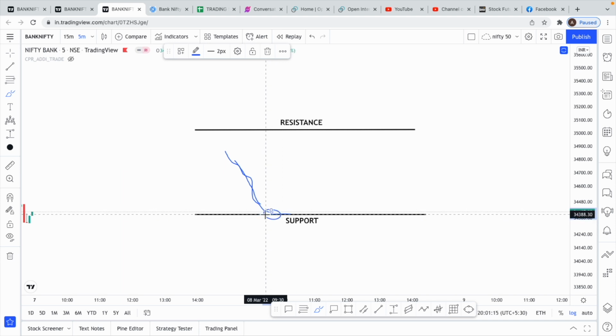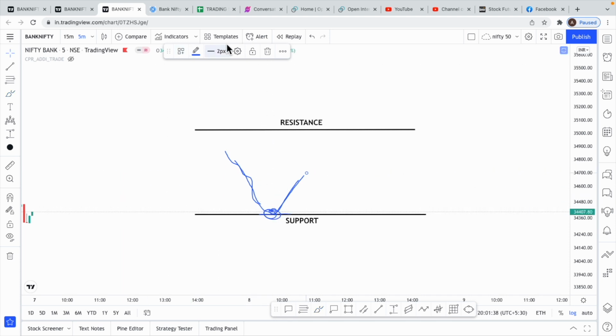It should be a very significant support, not every 5-minute candle. At the significant support, if you find a bullish candlestick pattern, most likely the market will reverse from here. How long it will reverse, how far it can go, all that we will see in the later videos.